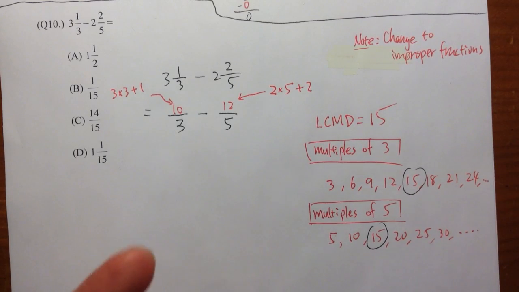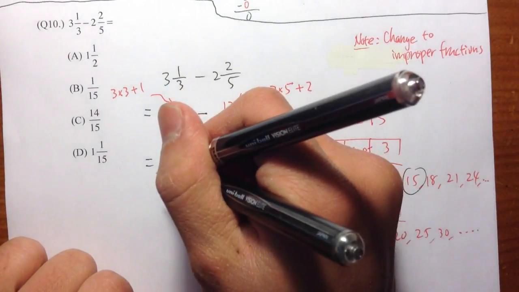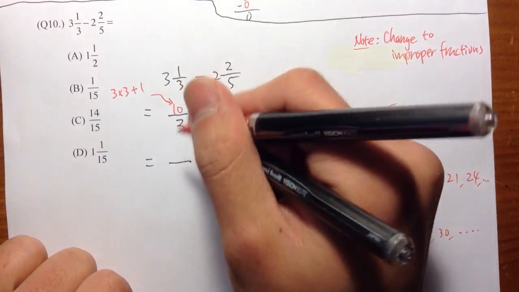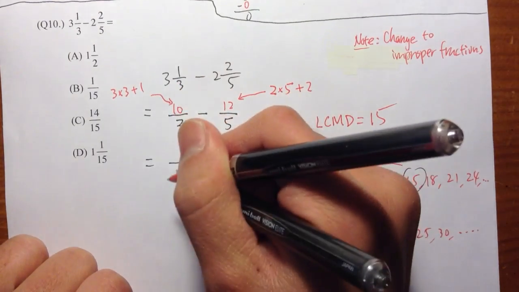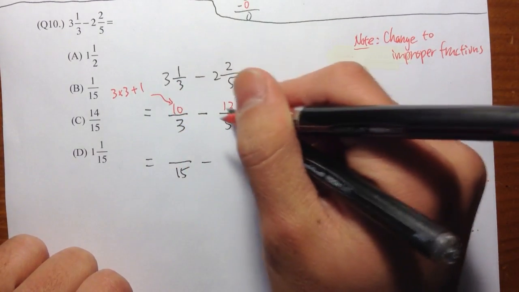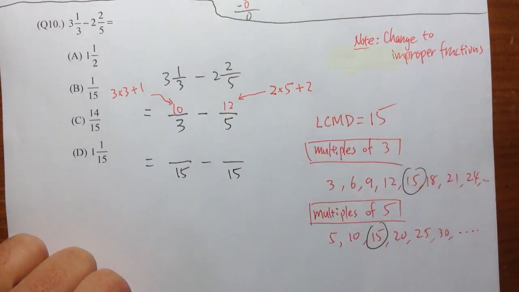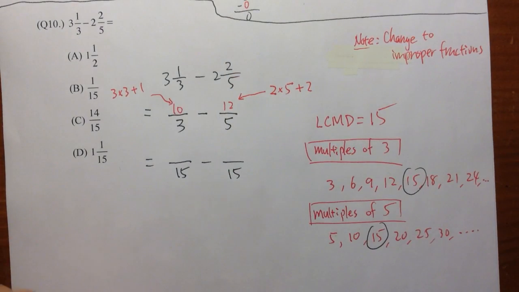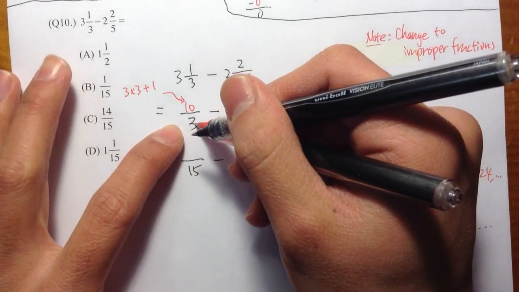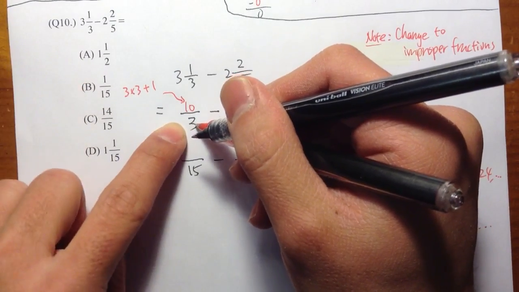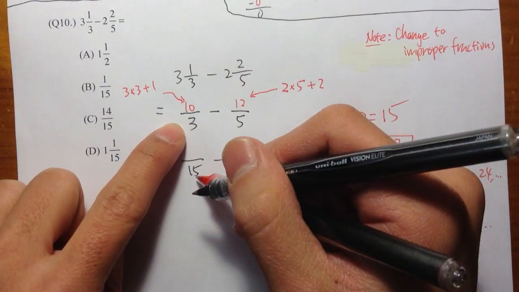So what good does this do? Well, what we're going to do is change this fraction to something over 15, minus, again, change this fraction to something over 15. And then right here, let's ask ourselves, what did we multiply with the 3 to get 15?